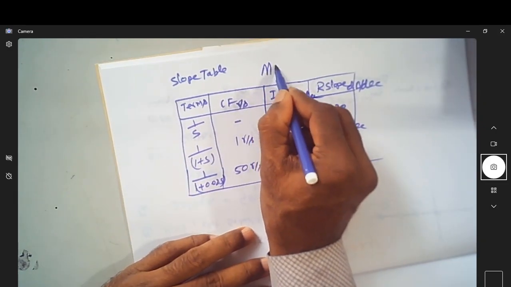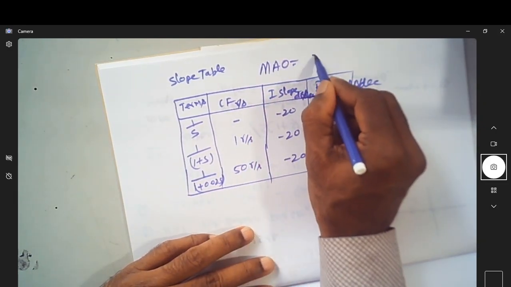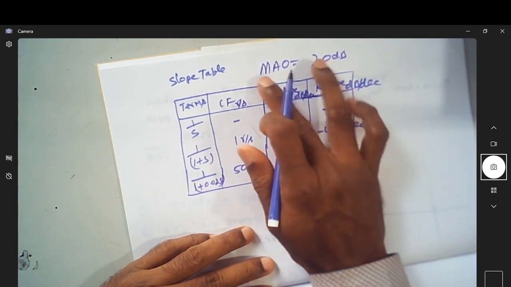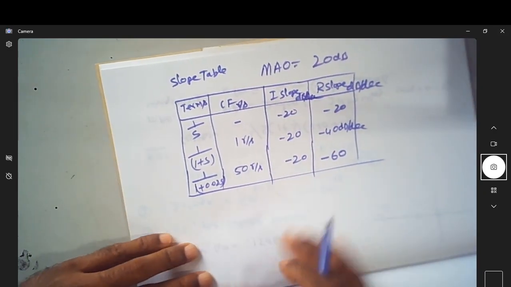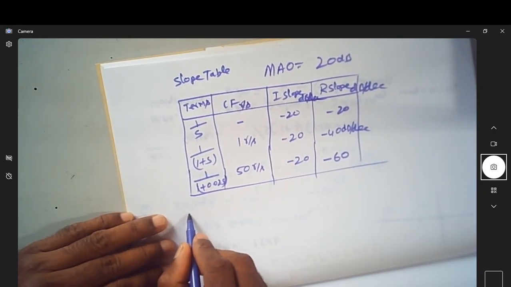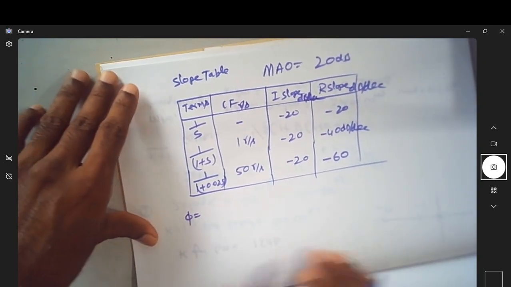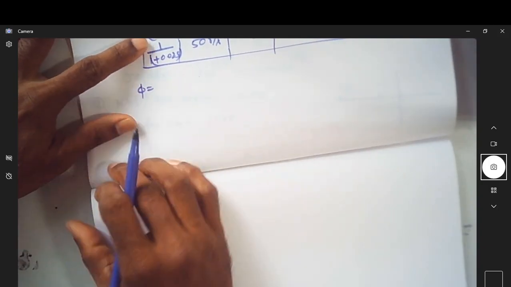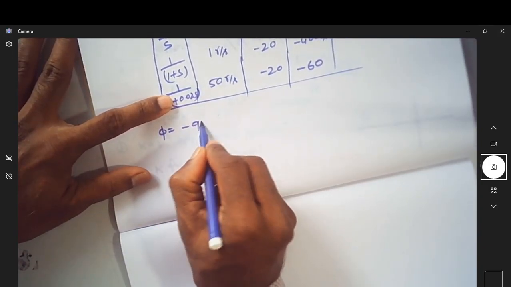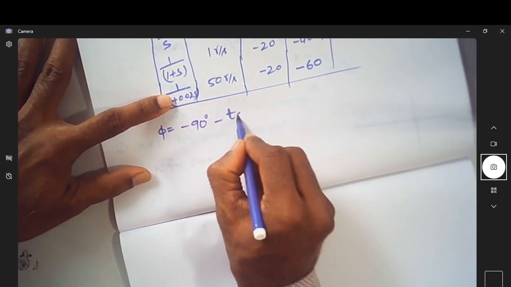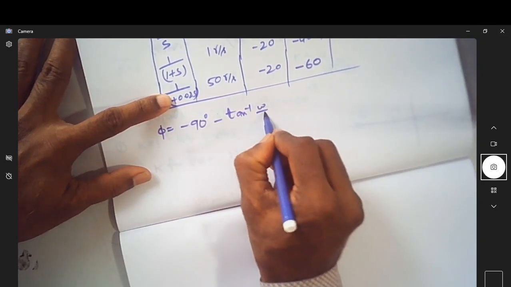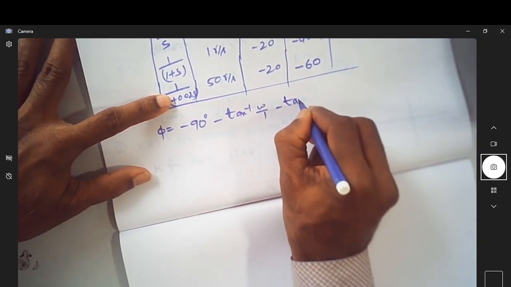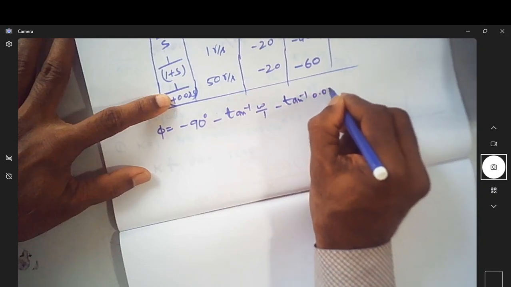So the magnitude at the origin is 20 dB. With this information, we are able to plot the graph. Let us also find the phase equation phi, which for this is minus 90 degree minus tan inverse of omega by 1 minus tan inverse of 0.02 omega.